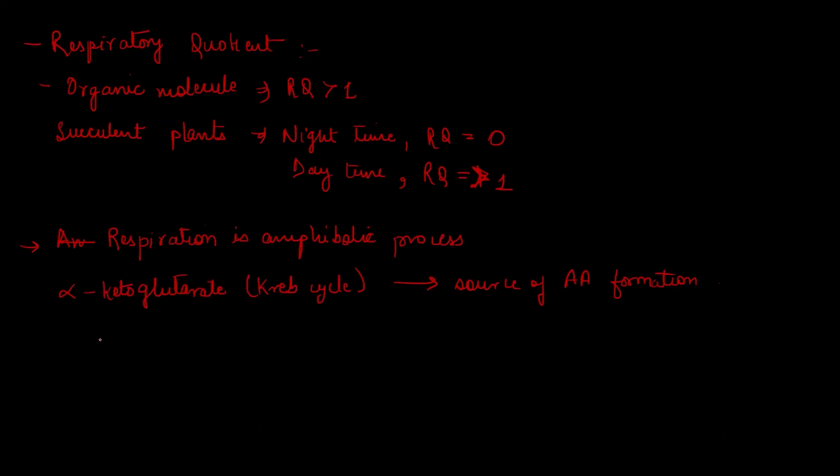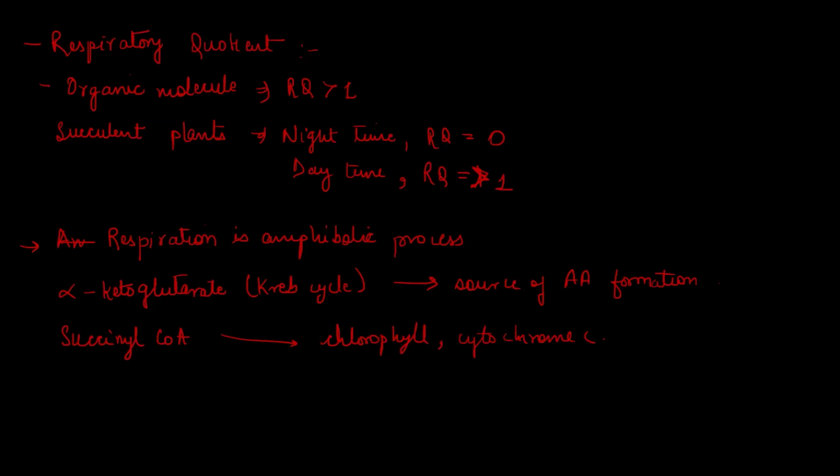For example, succinyl CoA, also part of the Krebs cycle, is used in the formation of chlorophyll and cytochrome C. These are a few examples. With this we have completed this chapter.